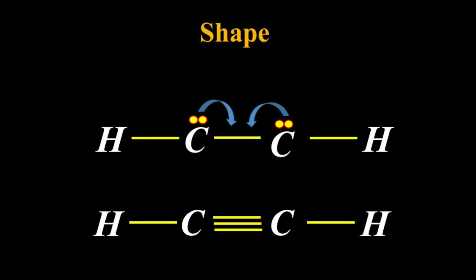And remember, that triple bond is going to be seen, given the current rules, as a single bond. Even though it's a triple bond, and we know that, it's going to be viewed in terms of this particular geometry theory as a single bond.